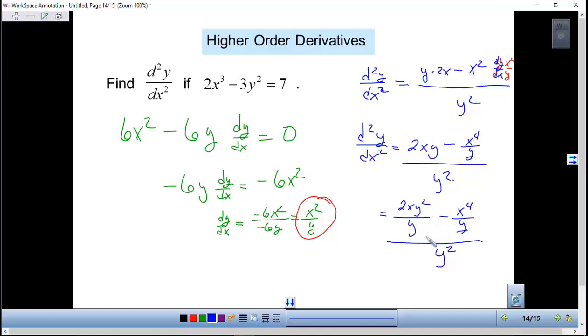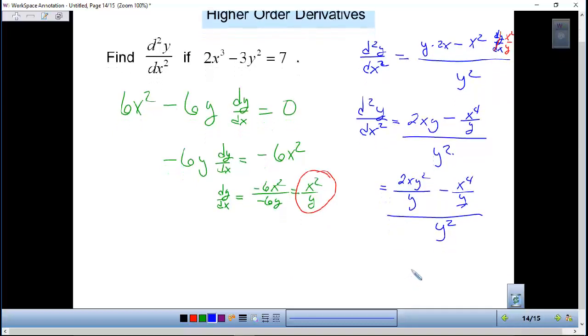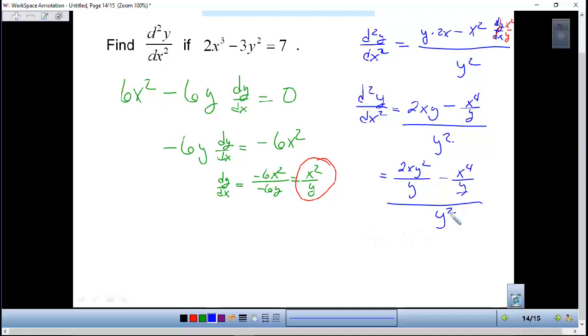Now we can combine these and put them together over one common denominator. So we end up with 2x y squared minus x to the fourth over y. And we're still dividing by this y squared right here. But the thing is, if we're dividing by y squared, that's the same thing as doing what?